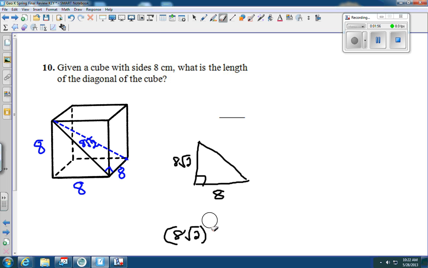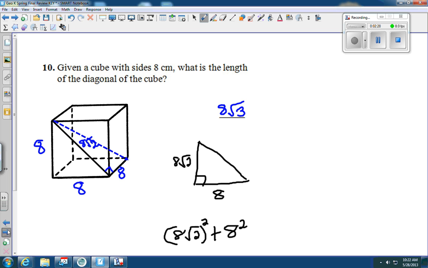So squared plus 8 squared, and then I take the square root of that to find the length of my diagonal. When you do that, you end up getting 8 square root of 3, or if you did it using Pythagorean theorem, you would have gotten a decimal, and that's okay. So this is 8 square root of 3 if you did it in your calculator without reducing the radicals.